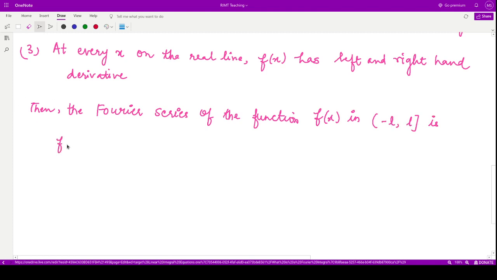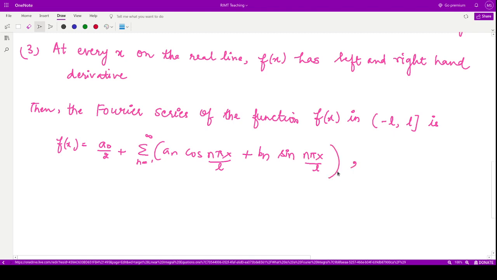given by f of x is equal to a naught by 2 plus summation n varies from 1 to infinity, a n cos n pi x upon L plus b n sin n pi x upon L. So this you already know. The coefficient a naught is given by 1 by L, integration from minus L to L f of t dt. Now this is a dummy variable, so I can use t here instead of x.